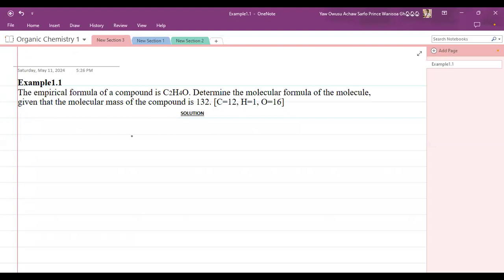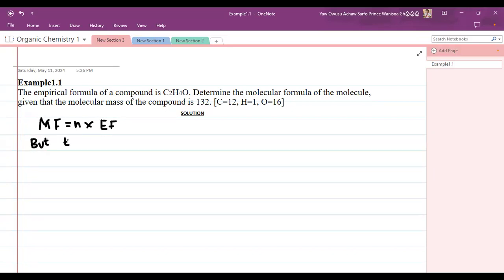So the empirical formula of a compound is C2H4O. We have a relation that molecular formula is equal to N times empirical formula.